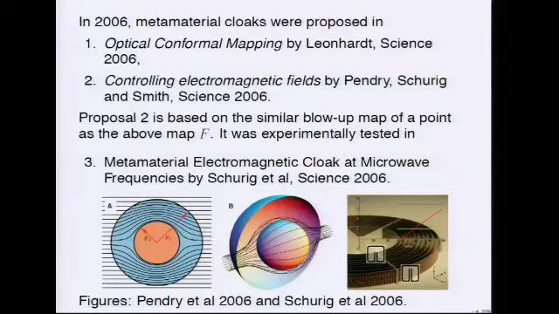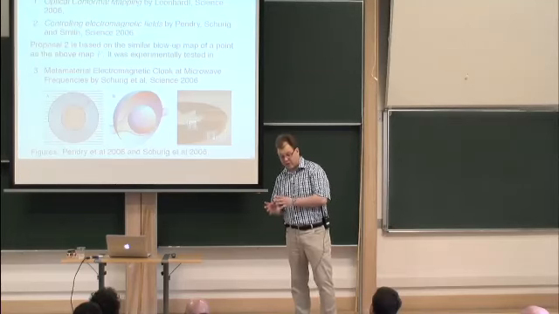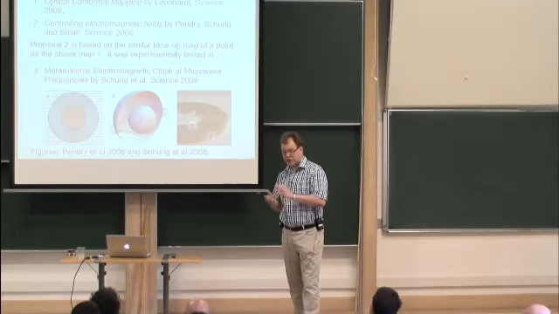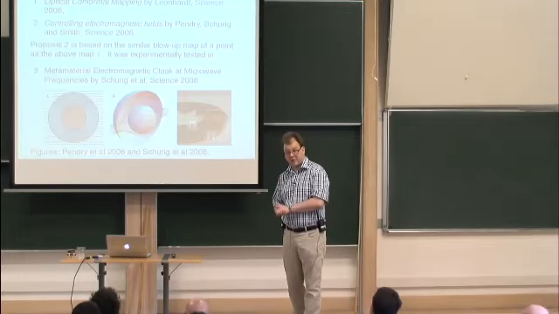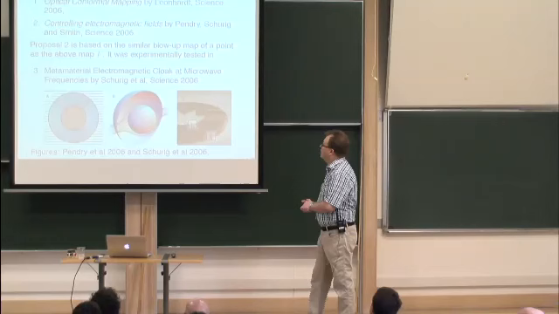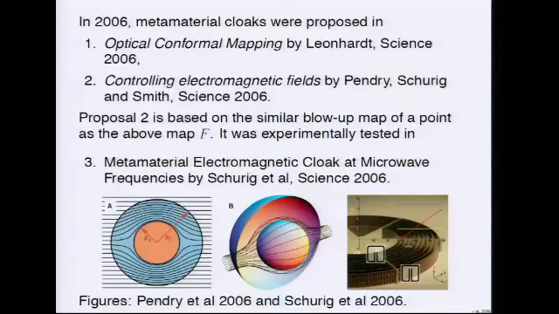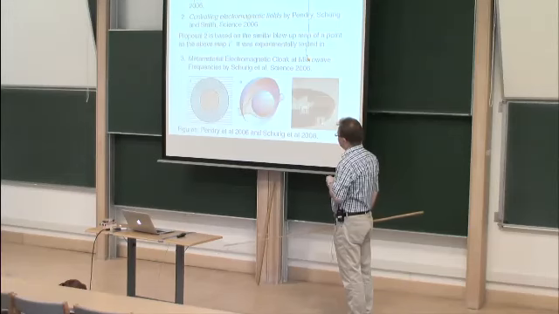Leonhardt's proposal to construct this type of device was based on taking a non-trivial Riemannian surface, stretching it, and embedding it into Euclidean space. Pendry, Schurig, and Smith proposed a construction based on a similar blow-up map, which I explained before, this blow-up map of radial coordinates.